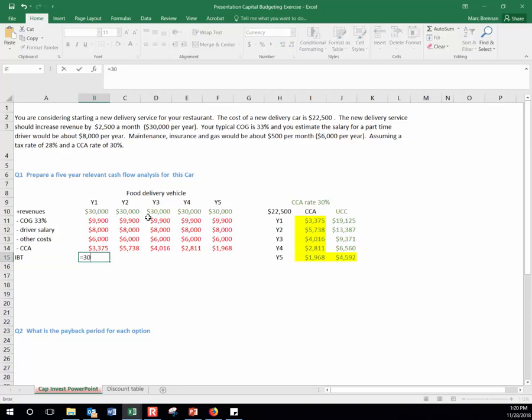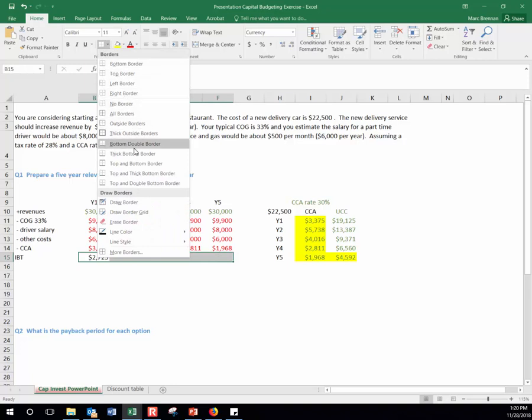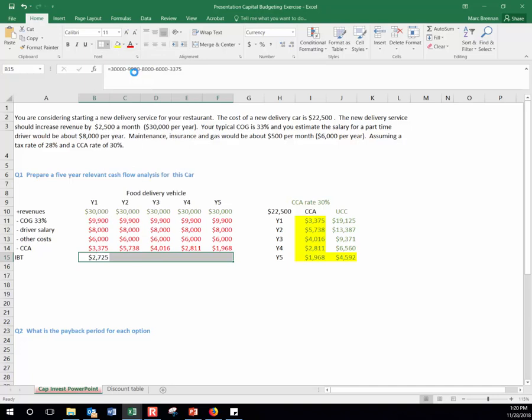So we would just go our $30,000, minus the $9,900, minus the $8,000, minus the $6,000, and then minus the depreciation expense. Okay? And that would give me, we'll put a line here so that we understand we're doing that. Top border, there you go.